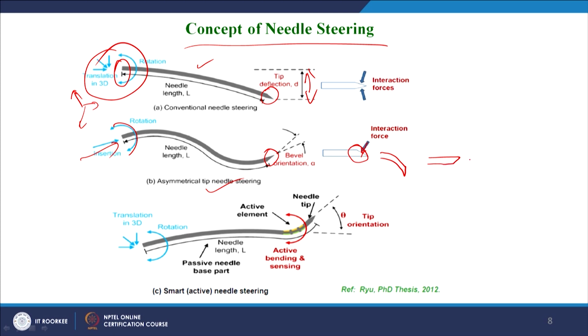So, the reaction force will lead to this type of shape of the needle. So, the needle, because of its bevel tip, depends on the tissue reaction force to take its configuration or curvature.